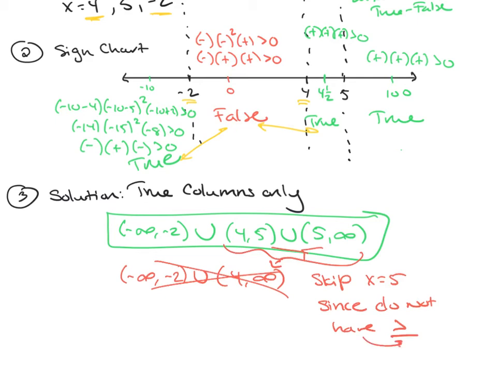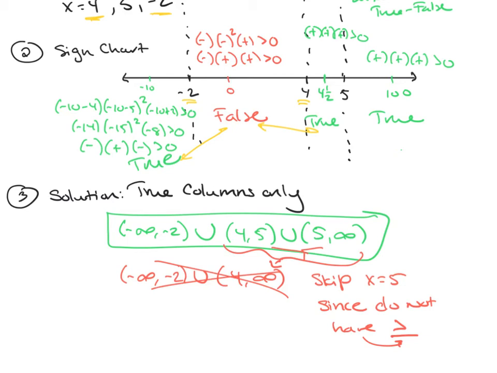If we had a greater than or equal to, and these were brackets by the 5, then everything between 4 and 5, including 5, and everything bigger than 5 would just be everything bigger than 4. But the parentheses here, since we don't have an equals to sign, we had to put them in there. This means we're skipping the number x equals 5. It's not included in our answer.